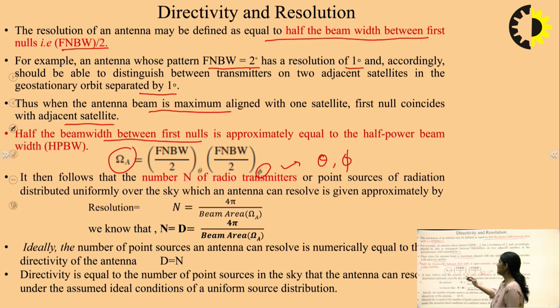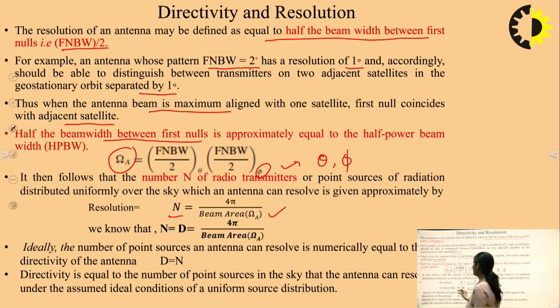If you are taking n number of radio satellites or point sources of radiation distributed uniformly over the sky, then the antenna can resolve approximately n, where n is equal to 4 pi upon beam area omega A, and that is equal to first null beamwidth upon 2 in theta and first null beamwidth upon 2 in phi.